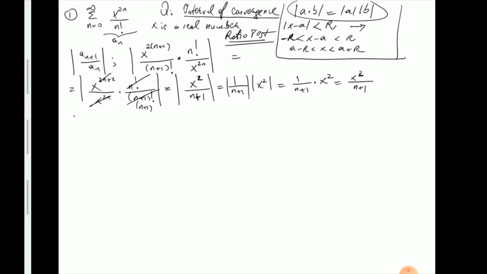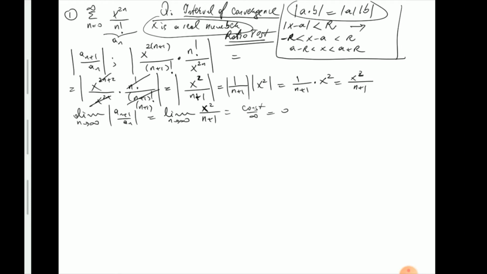So the limit as n goes to infinity of this quantity, which is just the limit in the ratio test. Later on, you can just draw an arrow and write the limit right away so that you don't waste too much time. So the limit as n goes to infinity, no matter what x is, remember x denotes a real number, is just some number over something that goes to infinity, like a constant over infinity.